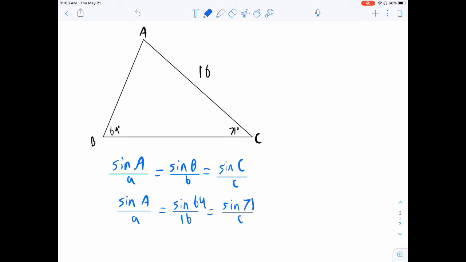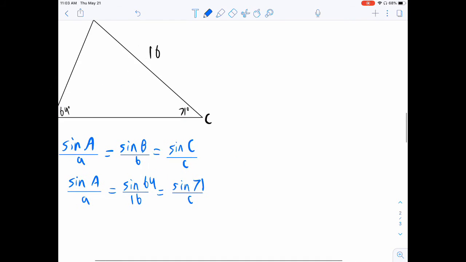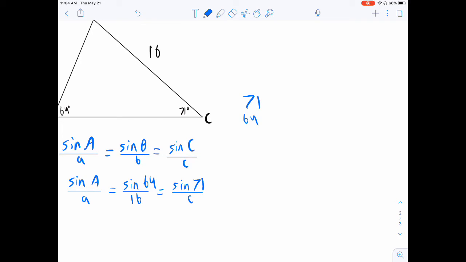So you'll have to use the law of sines occasionally to solve for one angle, and then you can add the two and subtract from 180 when you have that angle. And so here we add 71 and 64 together, and you get 135.